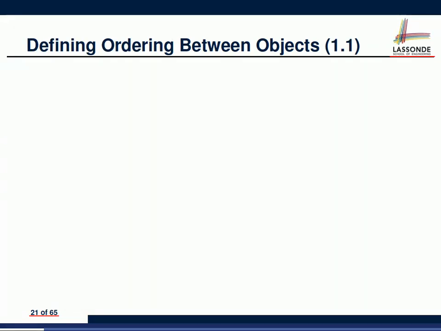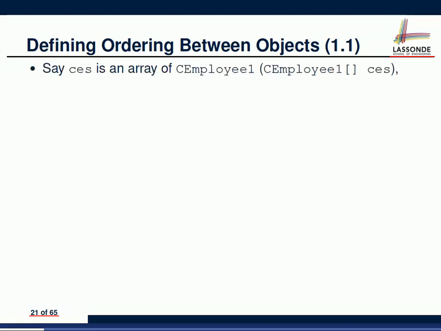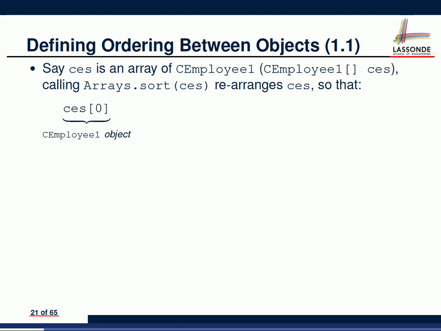Okay, let's go over some concepts. Let's say you have an array of, you can see over here we have an array, right? It's simply called CES, CE standing for comparable employee, version number 1. So now conceptually you have to think in this way.